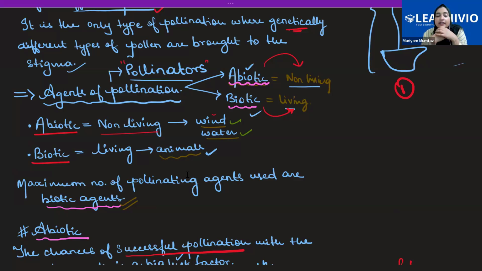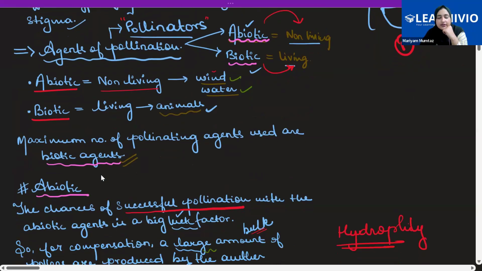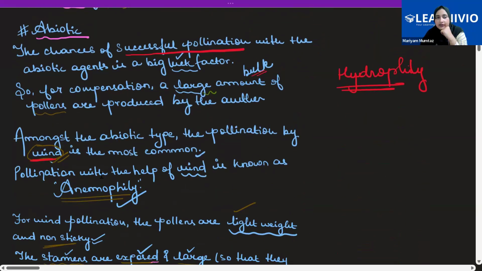So non-living pollinators are wind and water, whereas the living pollinators are different organisms, insects, animals. But remember, the majority of the pollination that takes place is because of the biotic pollinators and a few because of the abiotic pollinators. So first we are going to talk about the abiotic one.